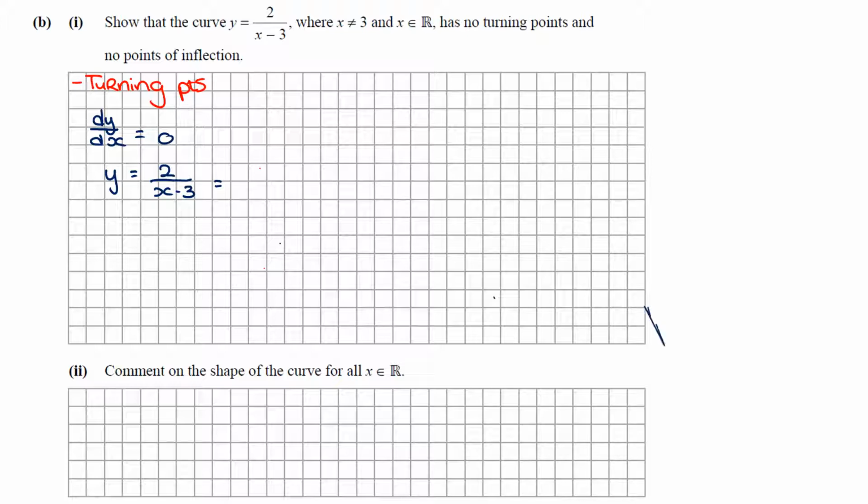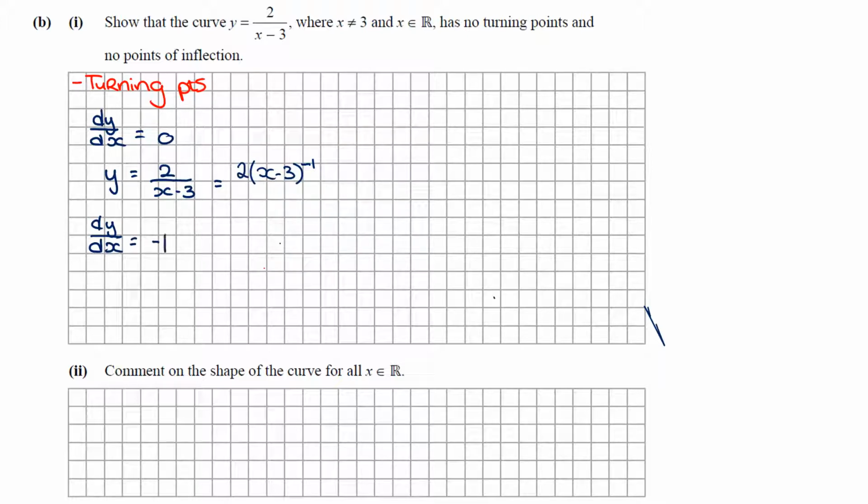However, because the top line is actually just a constant, I would be more inclined to bring this bracket up over the line and use our chain rule here then to differentiate. Just a little bit quicker, but using the quotient rule you should get exactly the same thing.